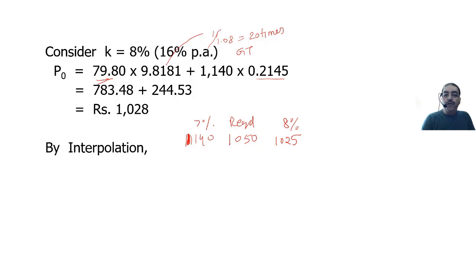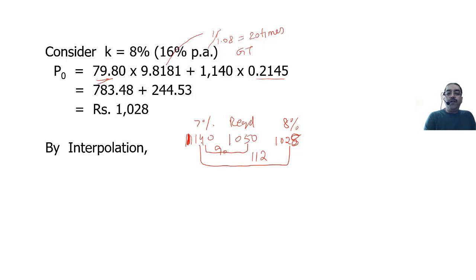Now I take difference between first and second and difference between first and third. Difference between first and second is 90. Difference between first and third is 100 and, how much? This is 1028. 112. Correct now?